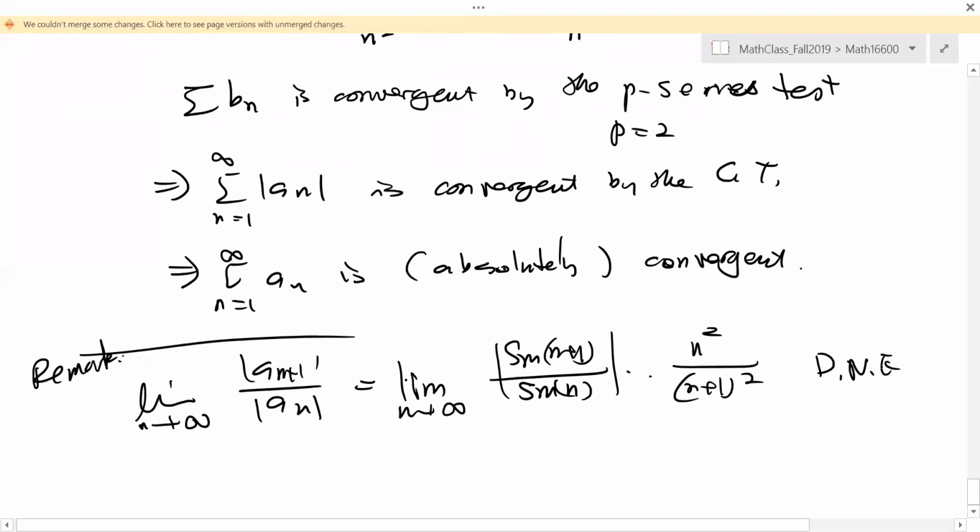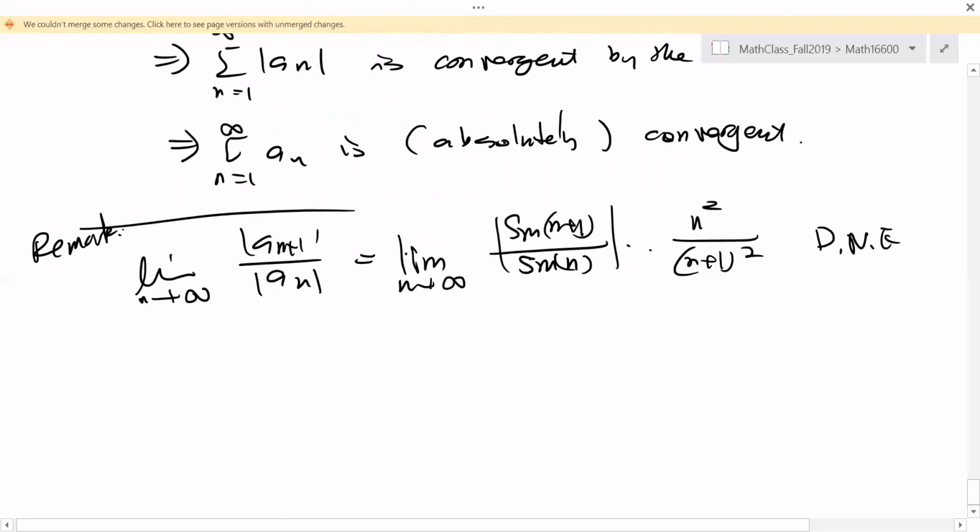The reason is this part converges to 1, but for this part you can use a computer to check when n equals 1 billion, 1 billion 1, 1 billion 2, and you find that the numbers keep changing. Sometimes close to 1, sometimes close to 0. Maybe you can find a theorem to describe how those numbers behave when n is sufficiently large, but it's really hard to handle.